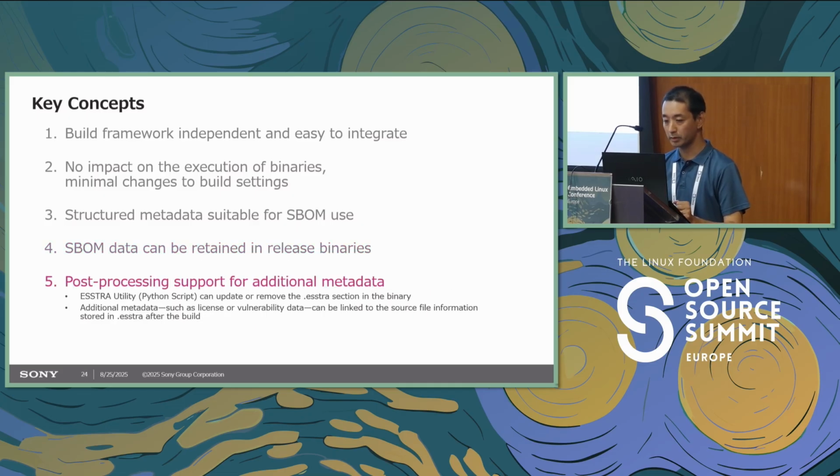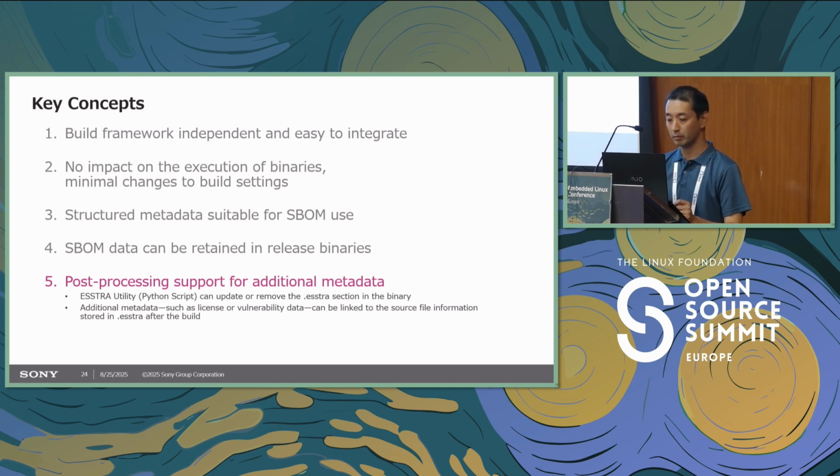The fifth concept is post-processing support for additional metadata. ESSTRA provides a UTT tool, a Python script, that allows you to update or remove the .ESSTRA section in the binary after the build. If you have additional data, such as license or vulnerability information, you can link it to the source file data already embedded in the .ESSTRA section.